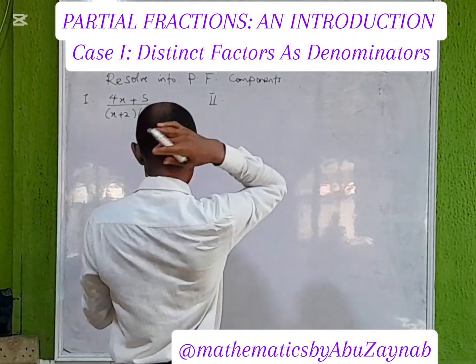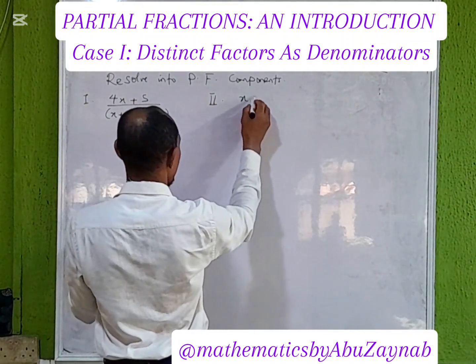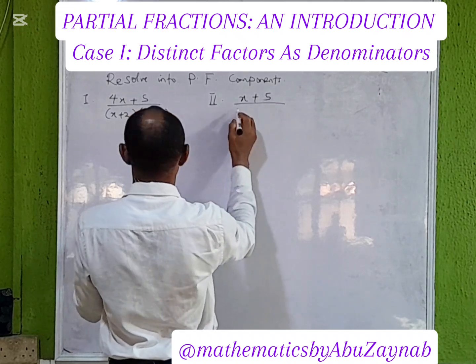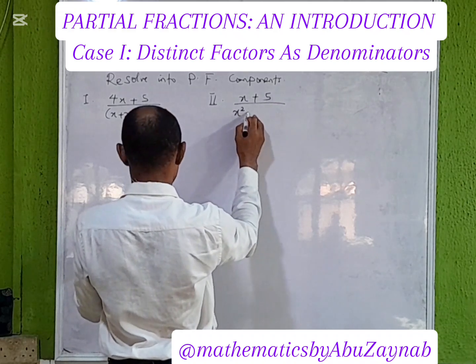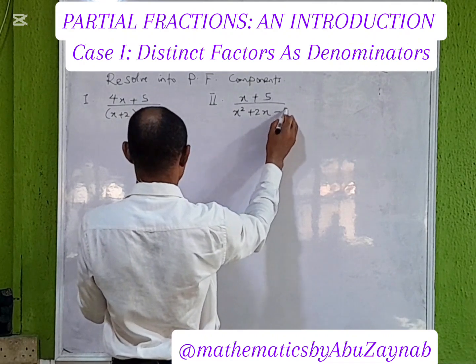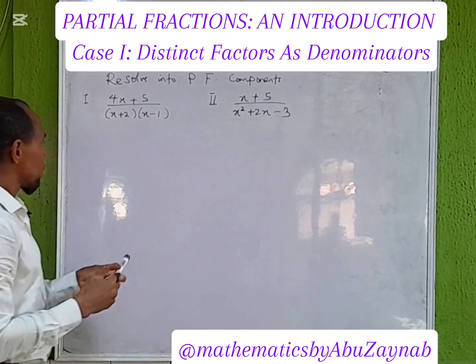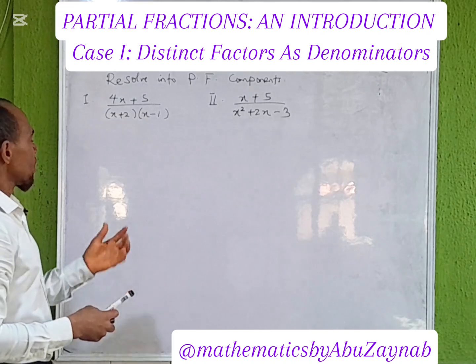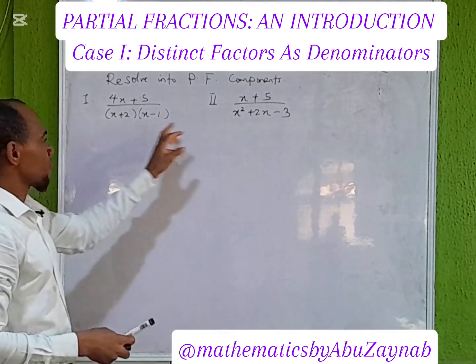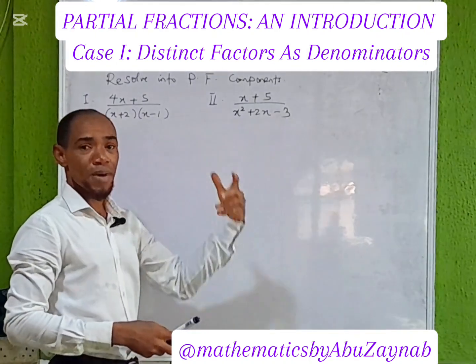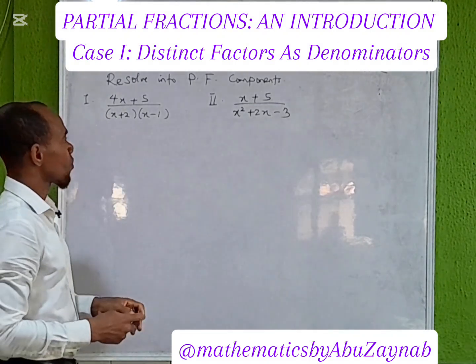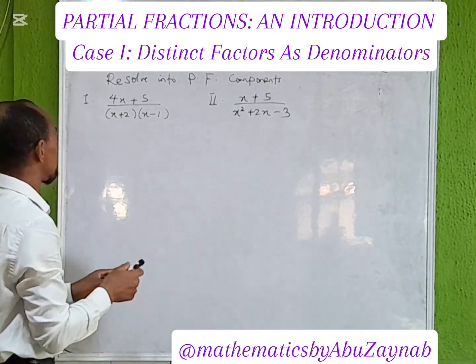Or we have case 2, we have x plus 5 over x squared plus 2x minus 3. So you can be given the question in this format. It's either you're given the factors already or you're given the full quadratic, whereby you have to factorize. Now, let's solve.